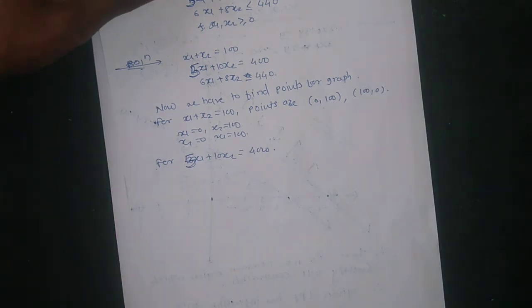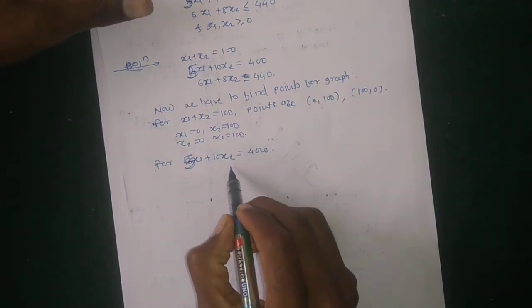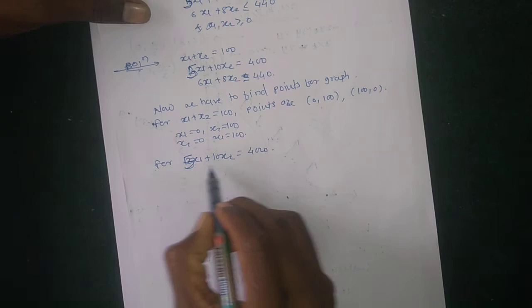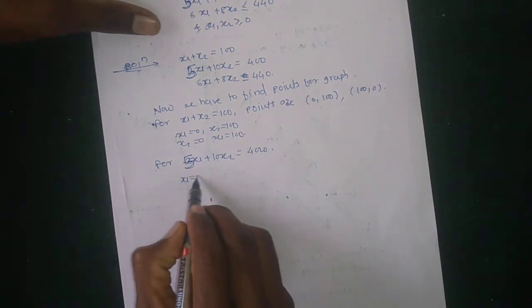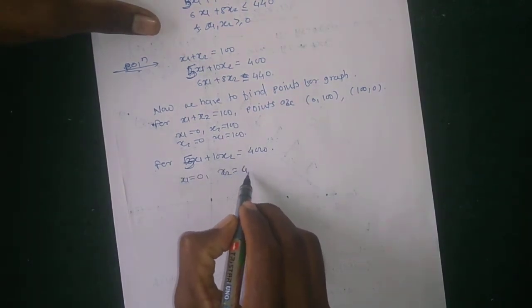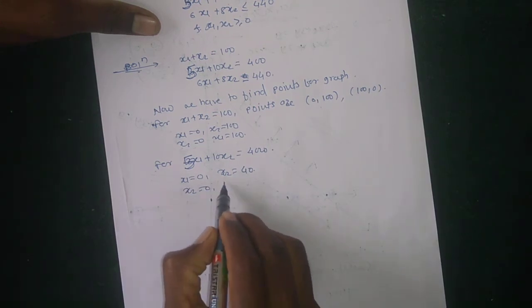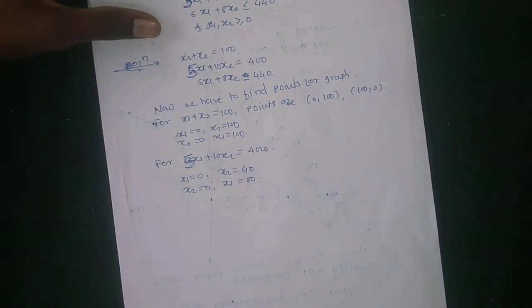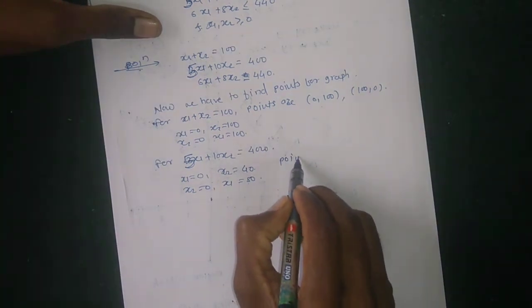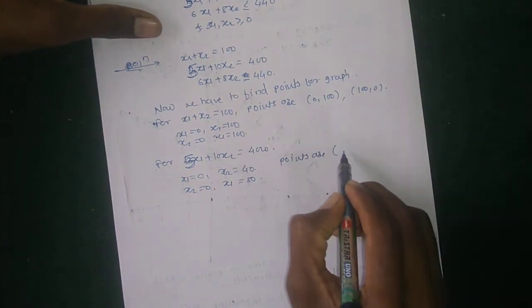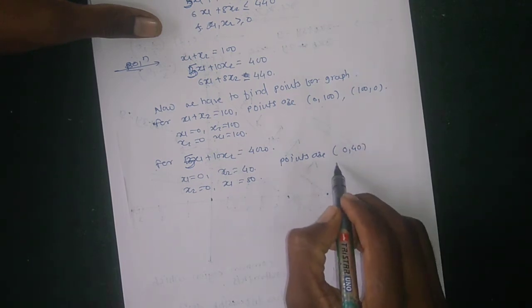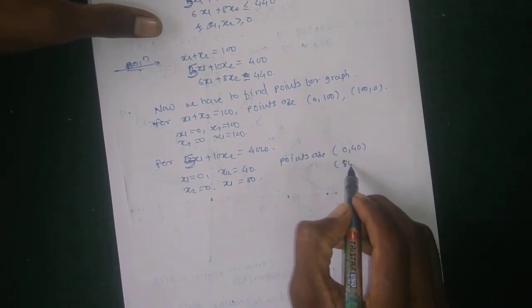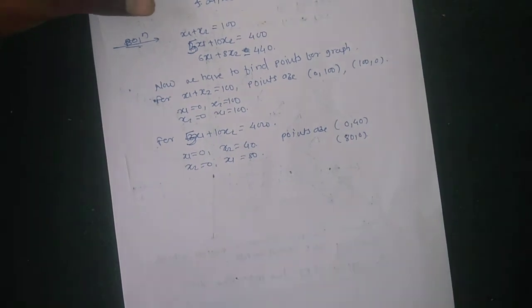Then when x1 is equal to 0, x2 is equal to 40, and when x2 is equal to 0, then x1 is equal to 80. Therefore the points are (0, 40) and (80, 0). This is the second line.